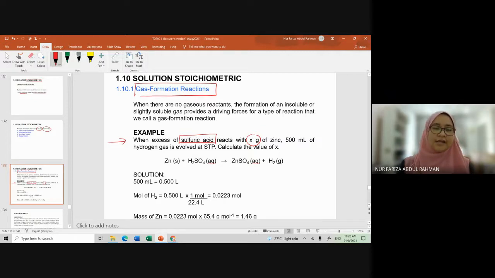So like I said just now, it's actually a reaction that involves solution. That's all. How we go about solving the question is actually the same as what we have learned earlier. Sama je, cuma nak highlight, oh dalam ni ada solution.